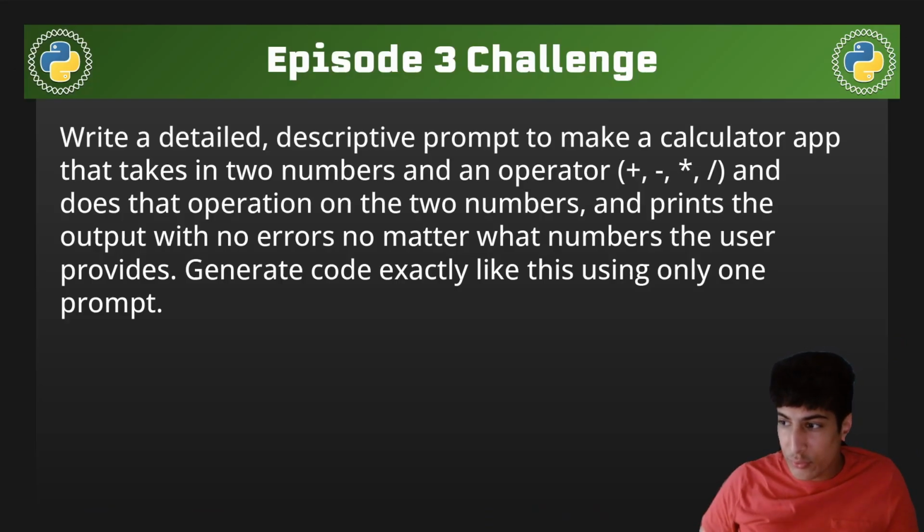So finally, for the challenge of this episode, you have to create a detailed descriptive prompt to make a calculator app that takes in two numbers and an operation and then prints out the result with no errors, no matter what numbers the user provides. And you have to generate all of the code using only one prompt.